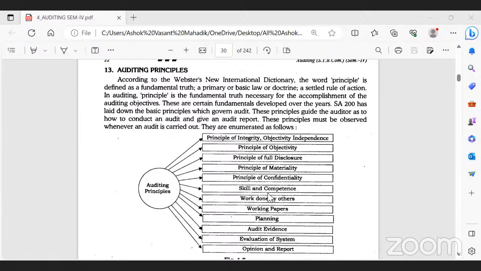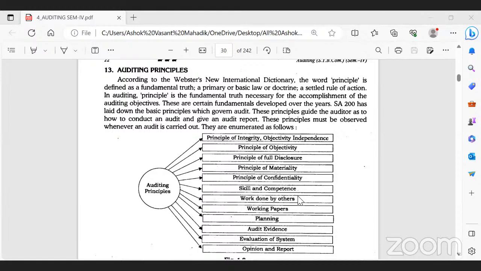Skills and competence means the auditor is expected to use all his professional skills and competence to conduct the audit. The auditor can use work done by others, but he will be responsible for all the reports which he will give. He cannot blame others. Although he can use work done by others, he cannot officially pass on his responsibility to those others.